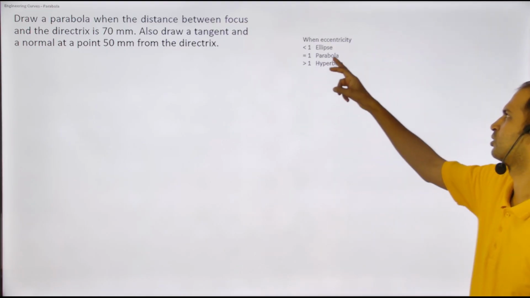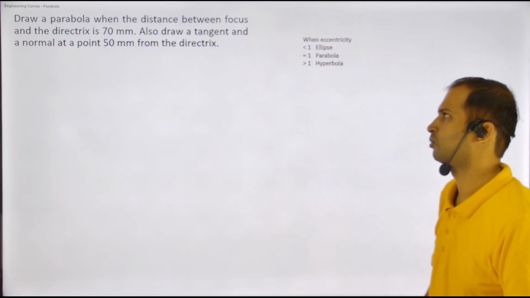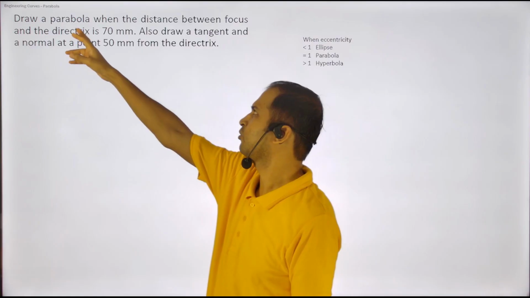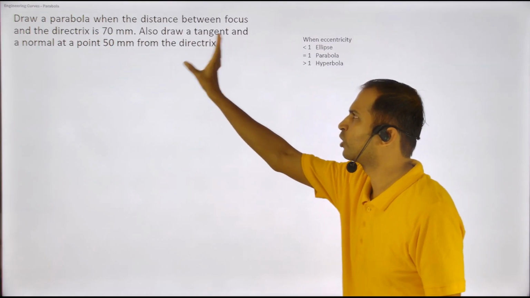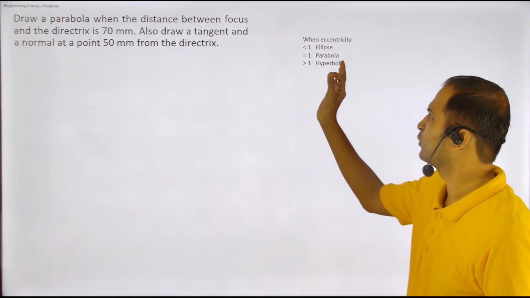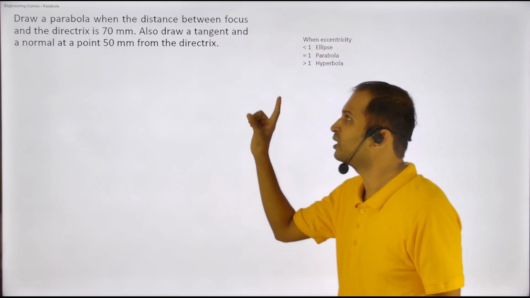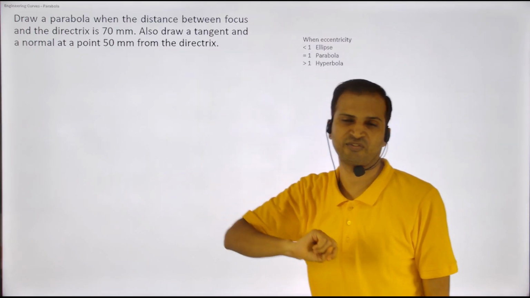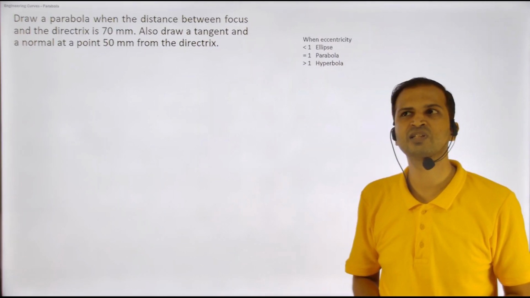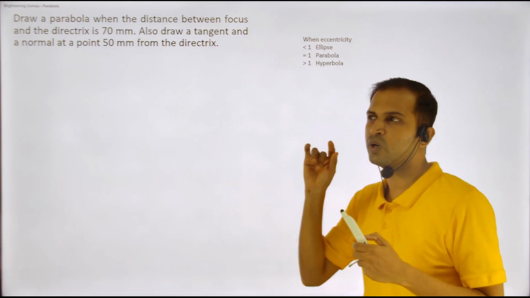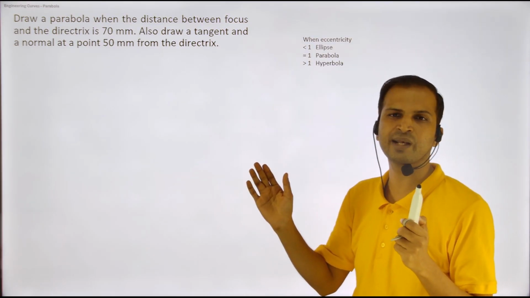Sometimes they will not mention draw a parabola. They will tell you to draw a suitable curve when the distance between the focus and directrix is 70 mm and the distance between the directrix and the vertex is 35. In that case, you are aware that the vertex always comes in between the focus and directrix.